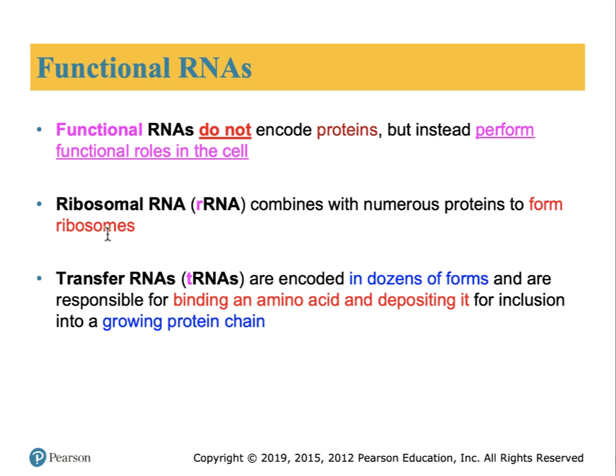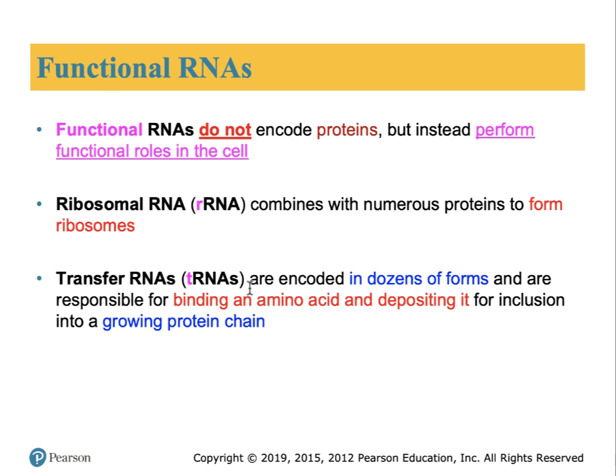So common to eukaryotes and prokaryotes are ribosomal RNAs. These functional RNAs combine with many proteins to form the structure of the protein-making machines called ribosomes. And all cells have ribosomes. Transfer RNA, which is a subject of another chapter, but we still talk about it here because it's very common. Transfer RNA is also a functional RNA.